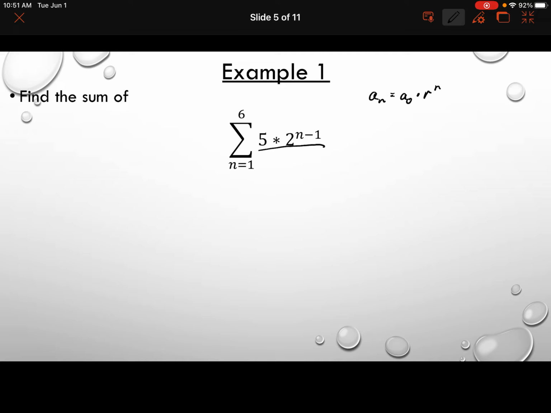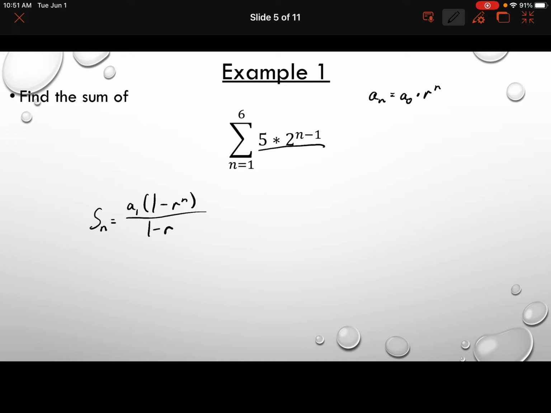This formula tells us that to find the sum of the first n terms, we do a sub 1 times the quantity 1 minus r to the n power, all over 1 minus r. Well, let's see. Do we have the number of terms? We do. We start at 1, we end at 6.